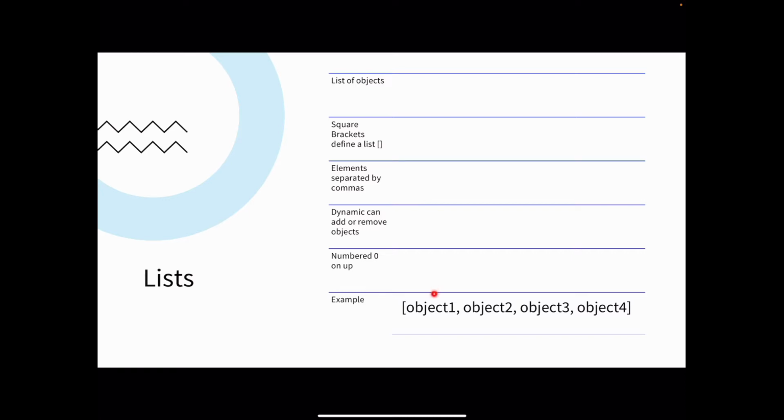So here you can see I've got object 1, and these are not in quotes, so this is telling me that these are declared somewhere else in the code. Enclosed in square brackets, here's object 1, separated by a comma. You'll notice that there's no quotes, which means this is not being created in the list.